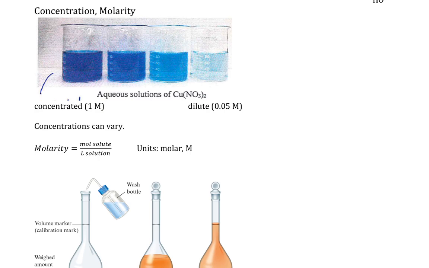So we're going from concentrated copper(II) nitrate down to a diluted solution of copper(II) nitrate. It turns out those concentrations are, for the one on the left, 1 molar, and the one on the right, 0.05 molar. That M there is the molarity, the concentration unit.